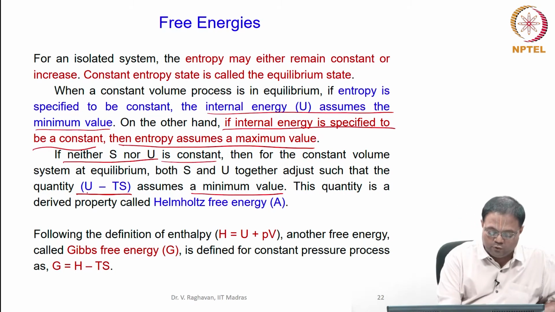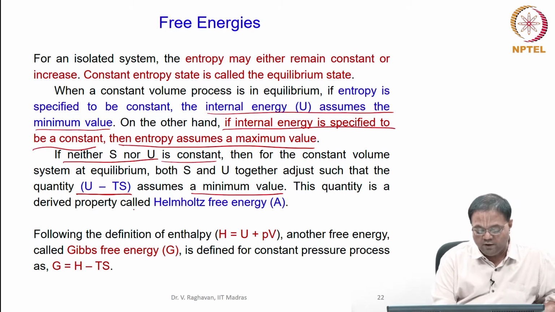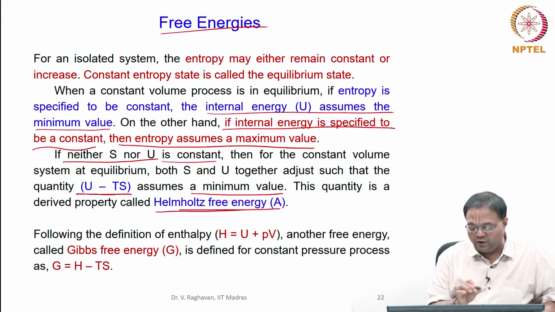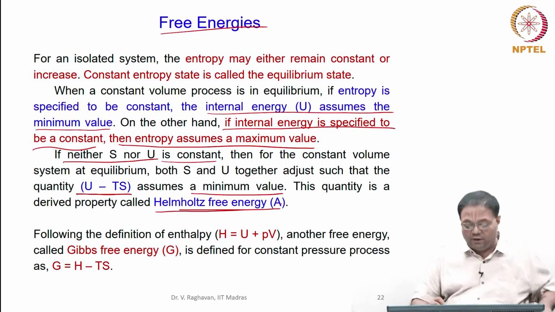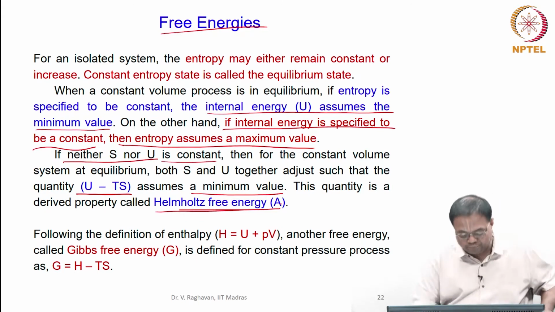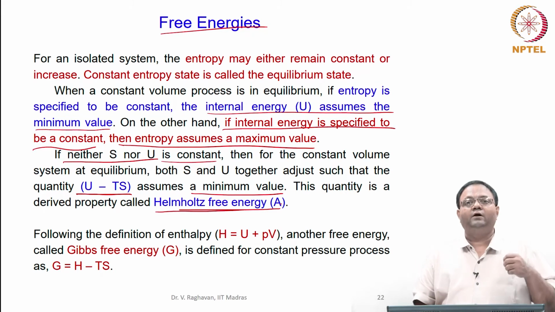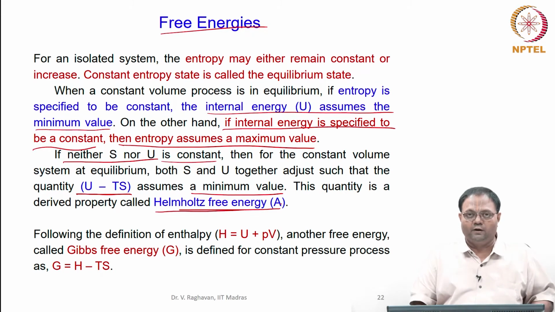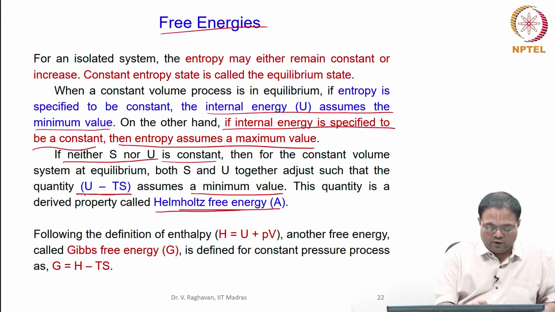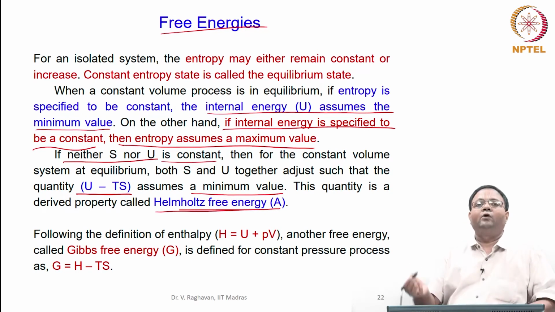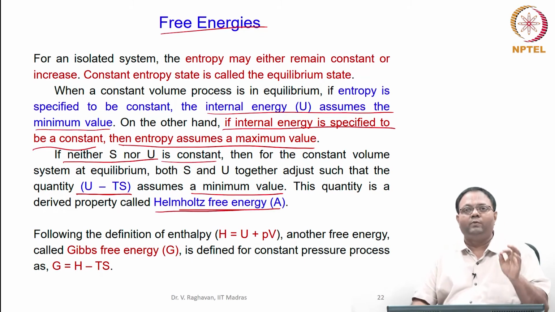This quantity U minus Ts is called a free energy. It is called the Helmholtz free energy, and it is given the letter A, capital A. Do you understand? So when a constant volume combustion is occurring, if the quantity U minus Ts, the Helmholtz free energy A, assumes a minimum value, then equilibrium is said to have prevailed.